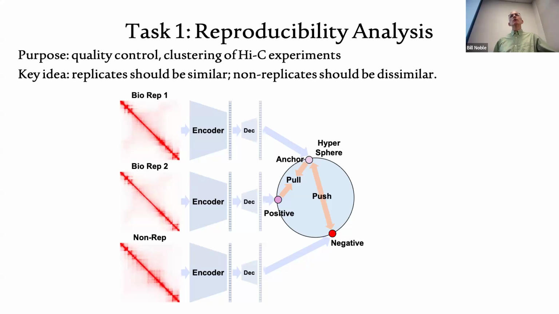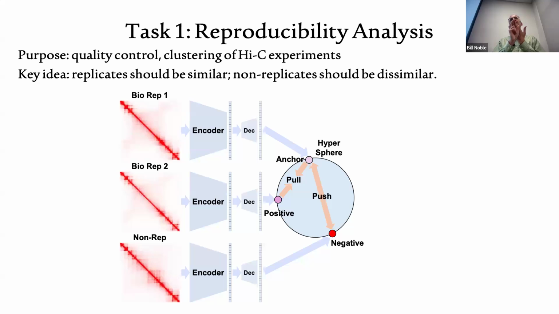In our case, we used a contrastive learning approach. So we trained a prediction head. You're always using the frozen encoder, but now the representations from that encoder are being fed into basically this little decoder that's trained with this particular kind of contrastive loss. And the idea is you put in triplets, 2 biological replicates and 1 non-replicate.